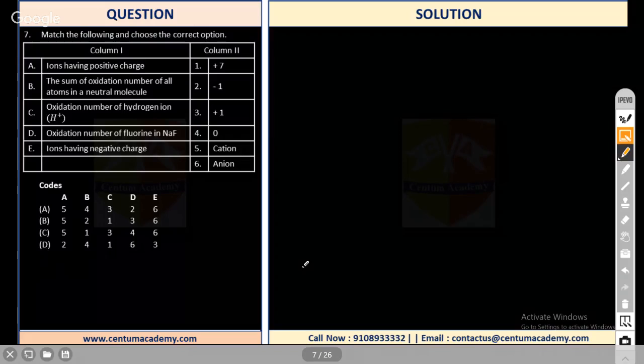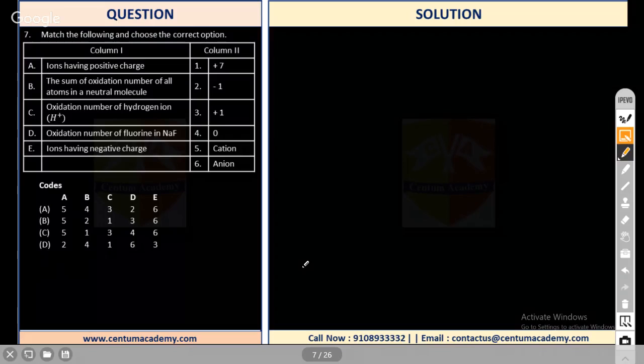Tell me the answer to this question. A, you are getting A. A is ions having positive charge, cation, correct?